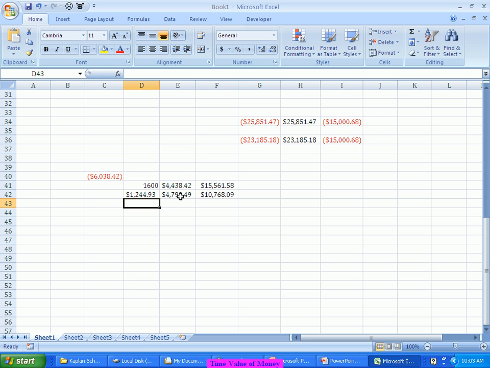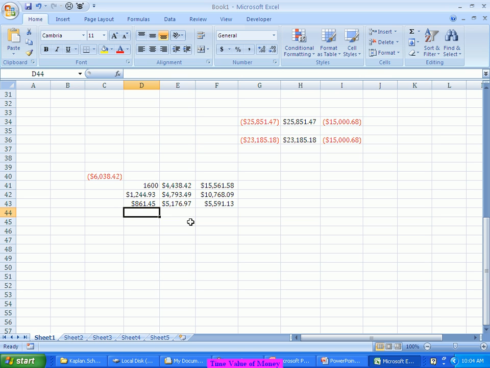The same logic you apply to the third year. The interest will be 8% on this. Correct? Interest will be 8% on this, which is 861. But you are still paying 6,038. So the remaining amount will go towards your principal repayment. So your outstanding principal now will be 5,591.